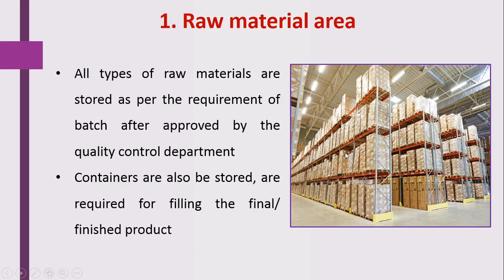You can see in this picture, this is a raw material storage section. Only approved material is sent to the manufacturing or preparation area. The quantity depends on the BMR, that is batch manufacturing record, or how much quantity is to be manufactured. So this is about the raw material area.